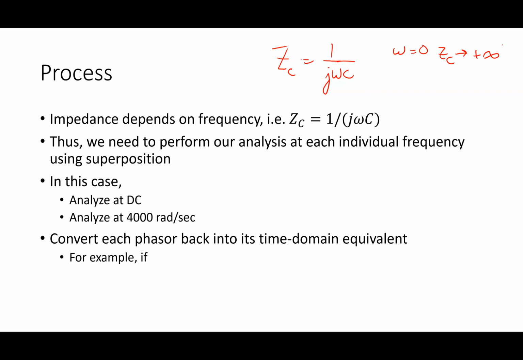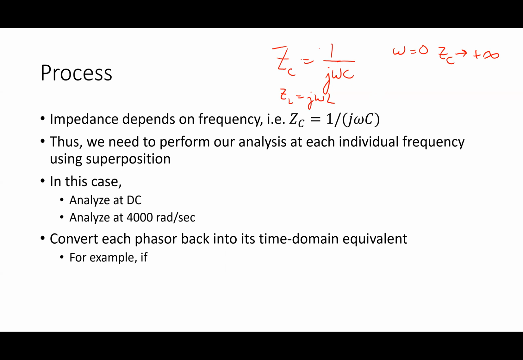That's entirely consistent with these two relationships. ZL is j omega L. ZC is 1 over j omega C. If omega is 0, what's the impedance of the inductor? 0, right? It's a short. It's entirely consistent with what was said before. It should be, right? We don't just make stuff up. It has to be consistent with whatever the physics is.